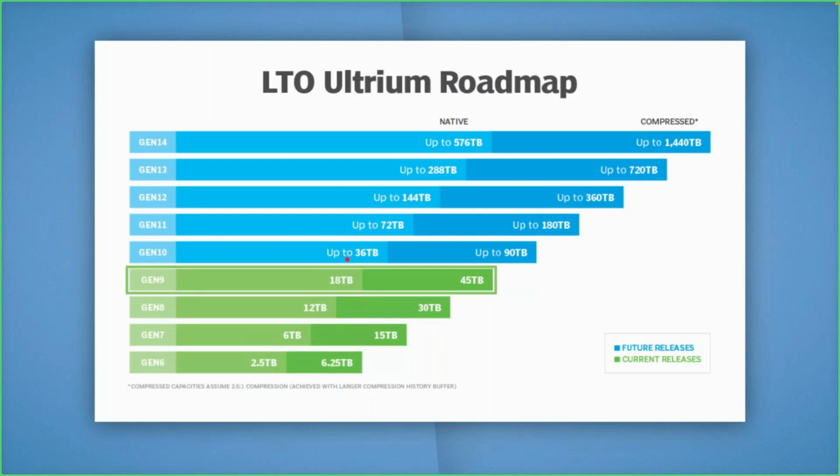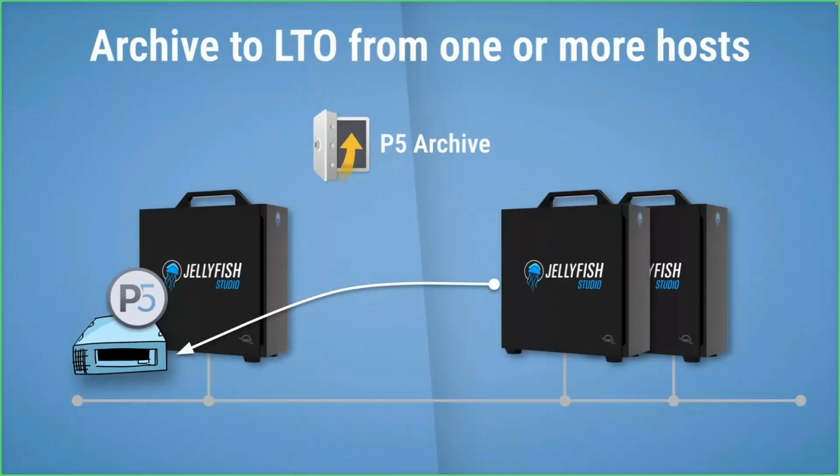And then LTO generation 10 will be along quite soon, I understand, and that will dramatically increase the storage per tape, although none of this is confirmed until the LTO consortium releases a new product. But LTO 9, 18 terabytes per tape and about 350 megabytes a second of write speed. So tape devices are great for archiving and they're not particularly slow.